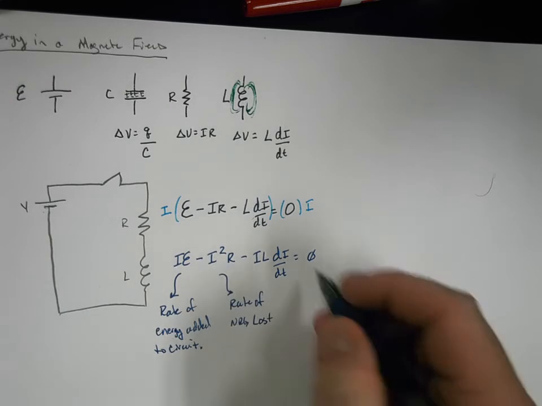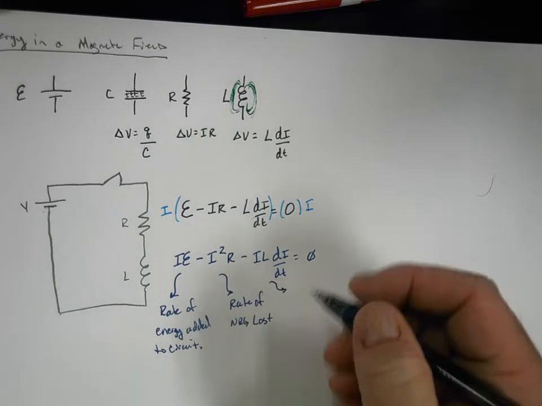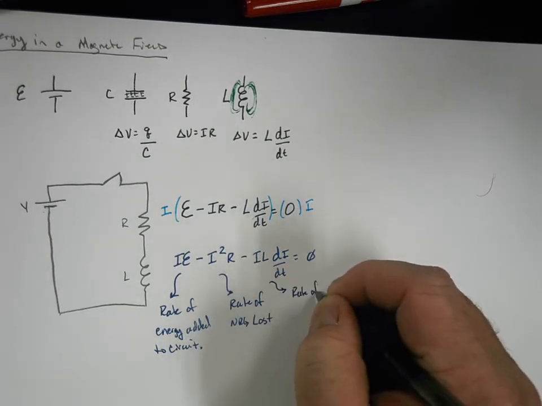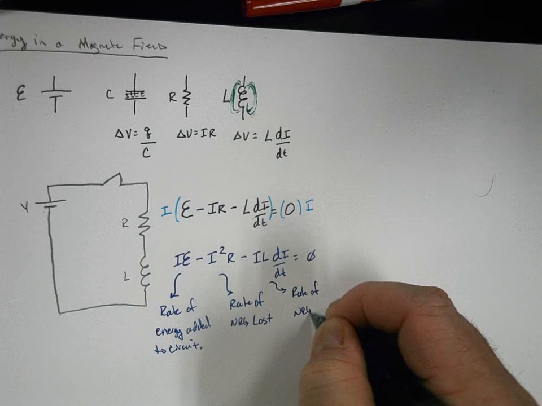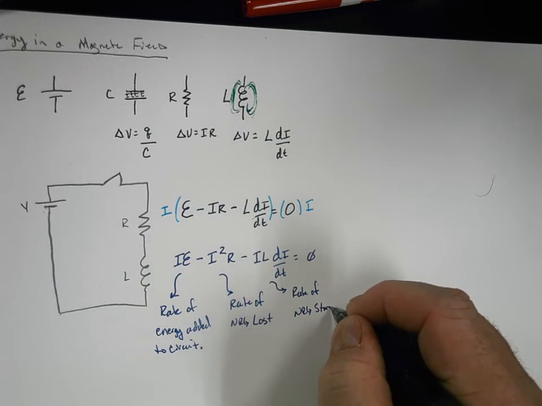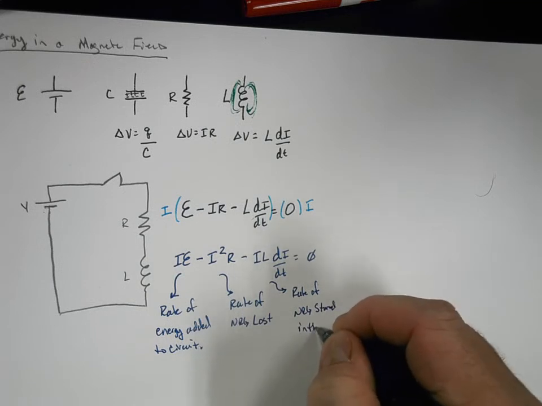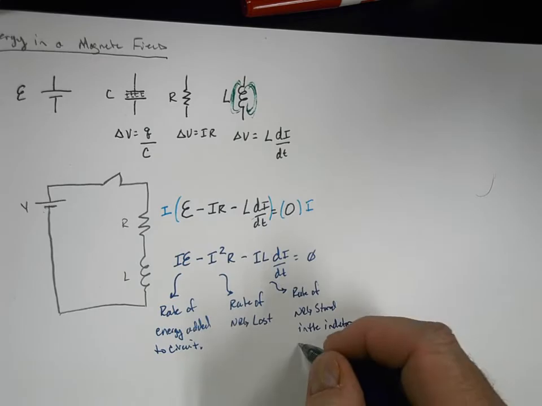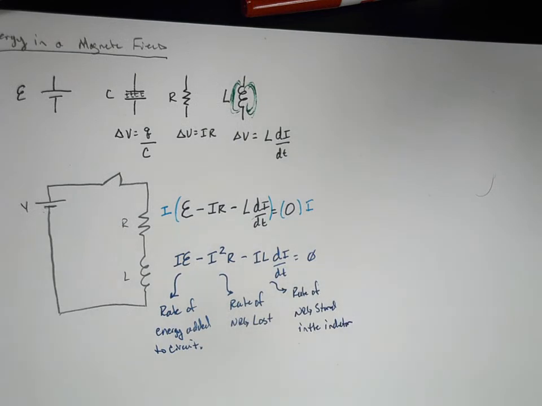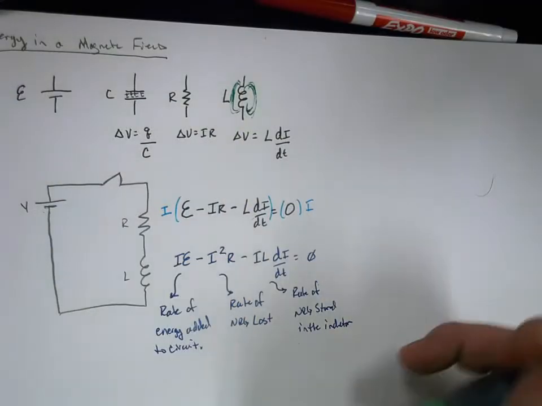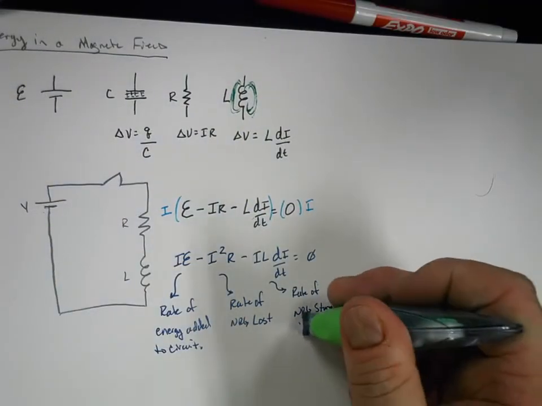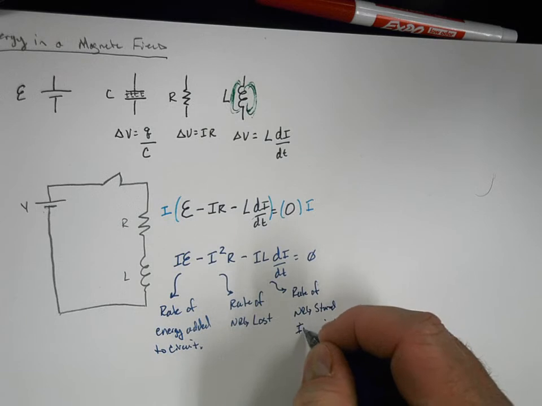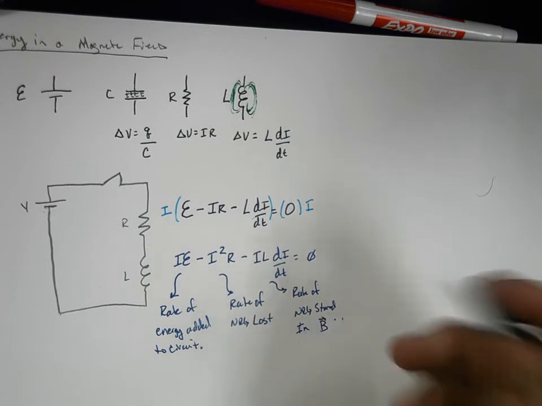This one is the rate, I don't want to call it stored in the inductor, I'm going to call it the rate of energy stored in the magnetic field.